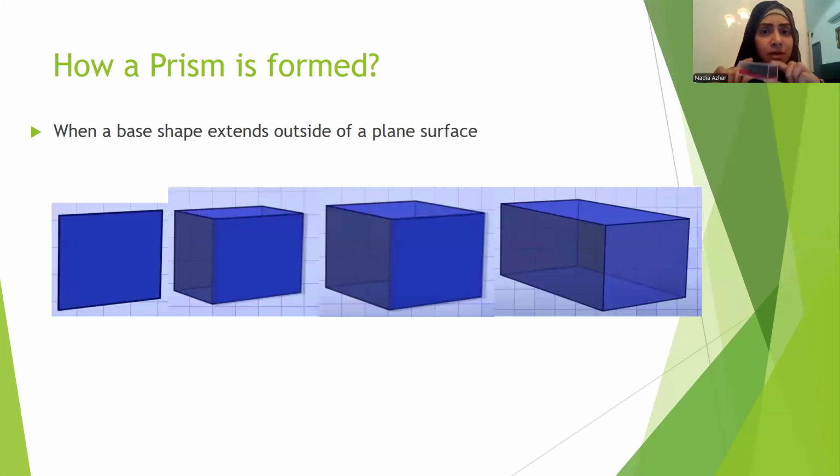So what is the definition of a prism? A prism is a three-dimensional geometrical shape which has two parallel bases. Like here, okay? Two parallel and identical bases, which can be any polygon shape, along with side rectangular faces.